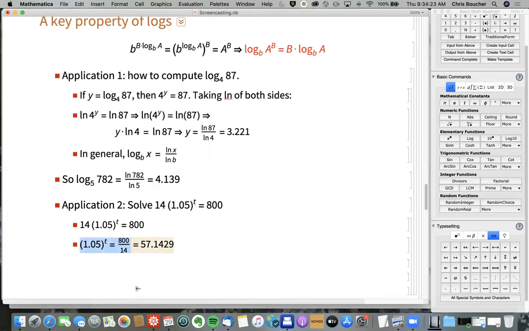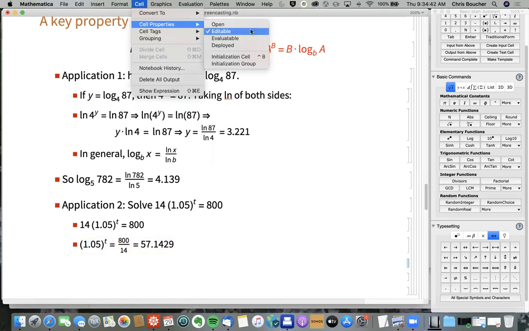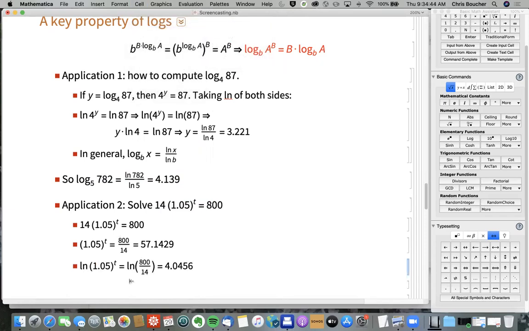Well, what I'm going to do is the same strategy we employed up here in solving this equation, and that is to take the natural log on both sides and not worry about a base mismatch, right? So that is, this is not e to the t, it's 1.05 to the t, but I don't care. I'm going to take the natural log on both sides anyway. It's certainly legal as long as you do it on both sides, right? So I get the natural log of 1.05 to the t on the left. I get the natural log of 800 over 14 on the right.